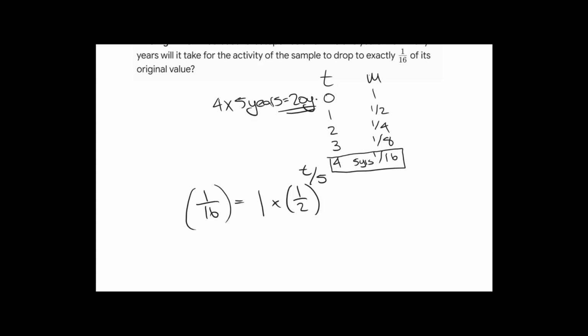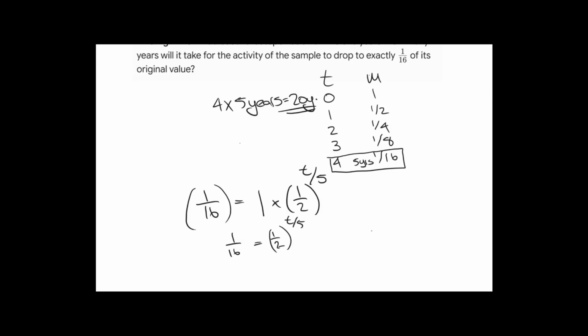And now we want to solve for t. So this 1 is going to factor out. So 1 over 16 is going to be equal to 1/2 to the power of t over 5.